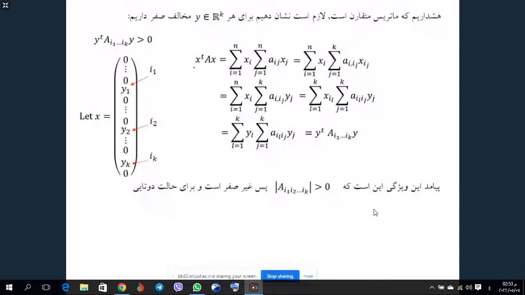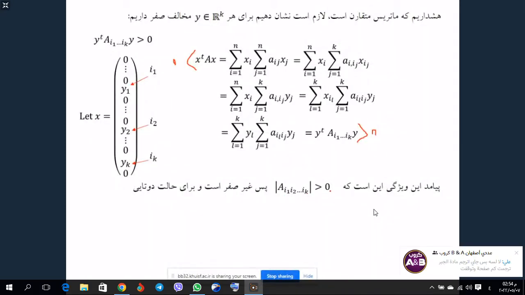So we know this is positive. This corollary shows that the determinant of all submatrices A(i1, i2, ik) will be greater than 0.